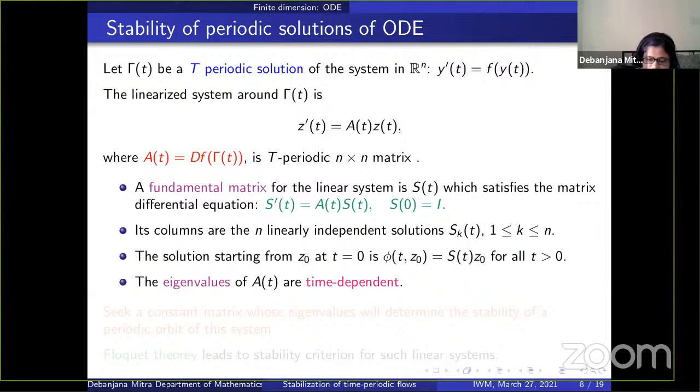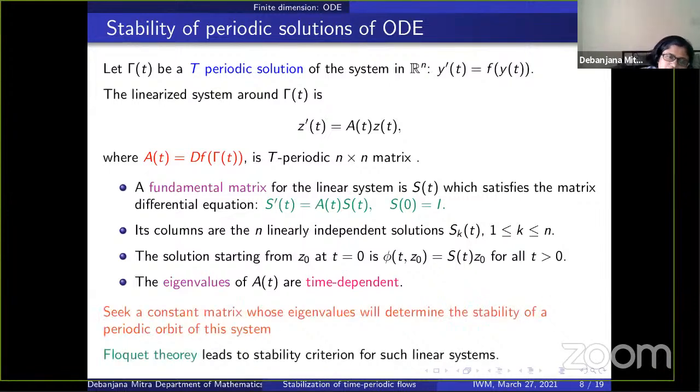And another issue is that we have already studied the time independent case, the autonomous case, when the system is linearized around the equilibrium solution, and there we know how to characterize the stability.